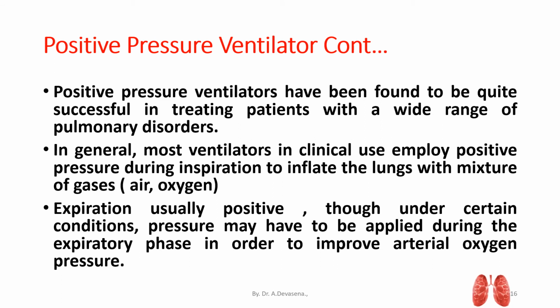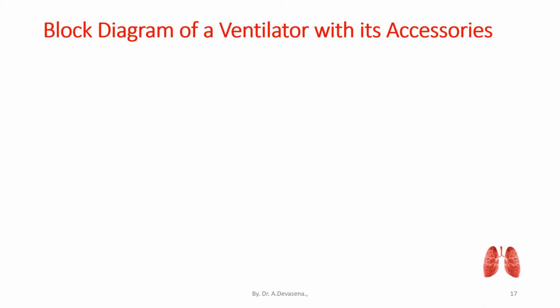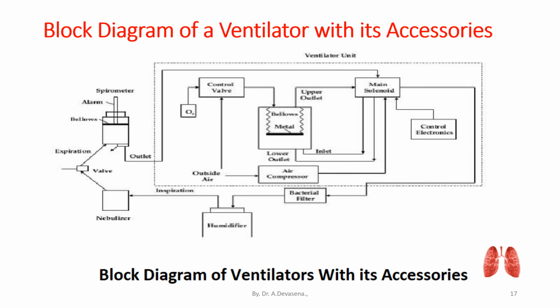Expiration is usually passive, though under certain conditions pressure may have to be applied during the expiratory phase in order to improve arterial oxygen pressure. Block diagram of a ventilator with its accessories is shown below. We will discuss each block in detail in the further slides.